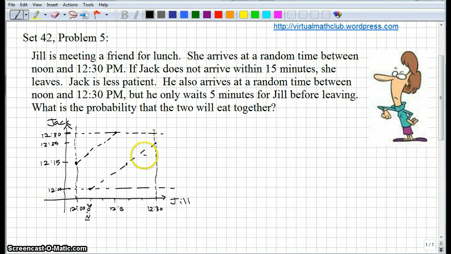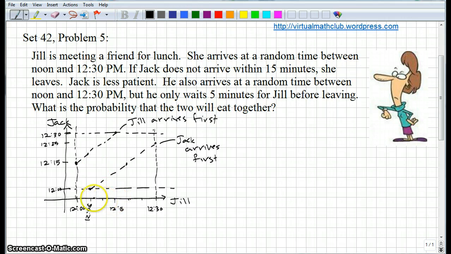Okay. And this line represents the case where Jack arrives first, and this case is when Jill arrives first. Okay? So if you look at any of the points within this region between these two dotted lines, they're going to meet up.